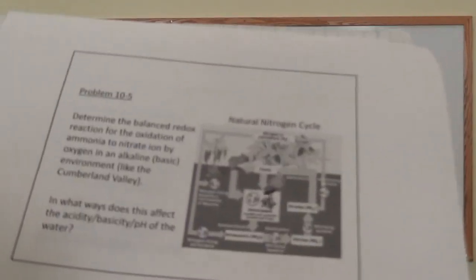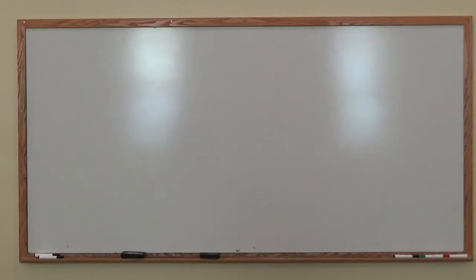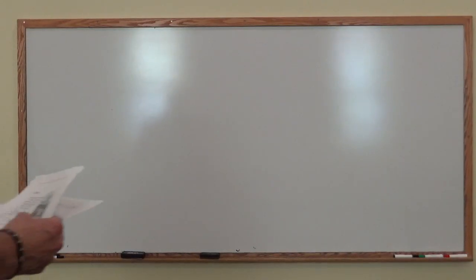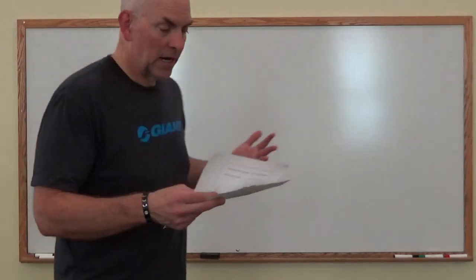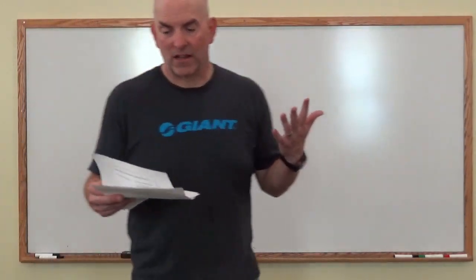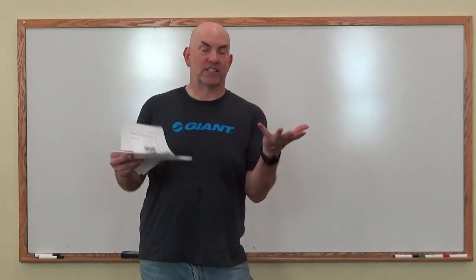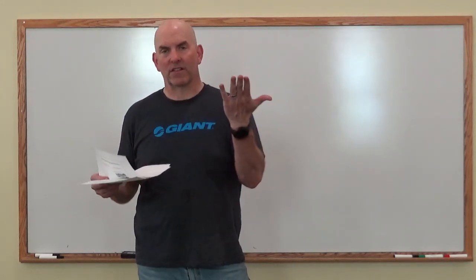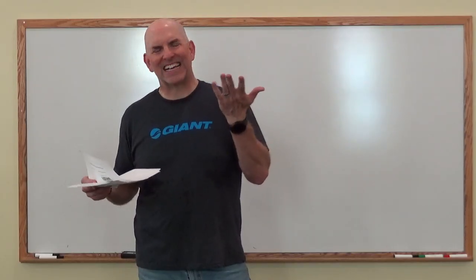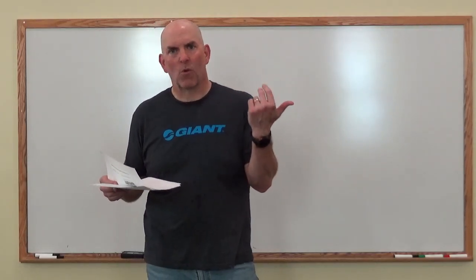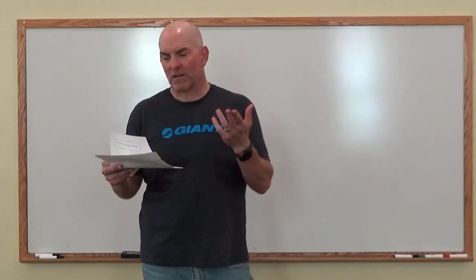I really like this particular question because a lot of the water and a lot of the soils in the Cumberland Valley are basic. They have a pH, or tend to have a pH, above 7. So I think I've seen pH as high as like 8.5 in some of the waters around here. So that's fairly basic.